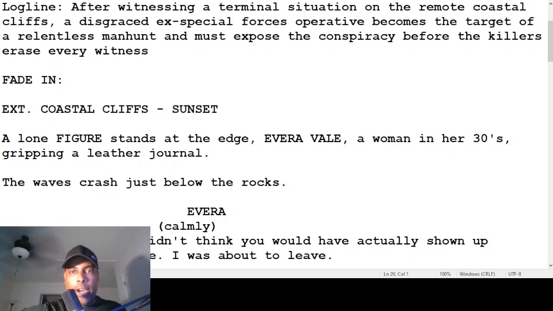Who are the characters in the story being introduced? Gripping a leather journal. The environment is probably just plain awesome right now. I like the way this exercise has started in module 2. Waves are crashing.